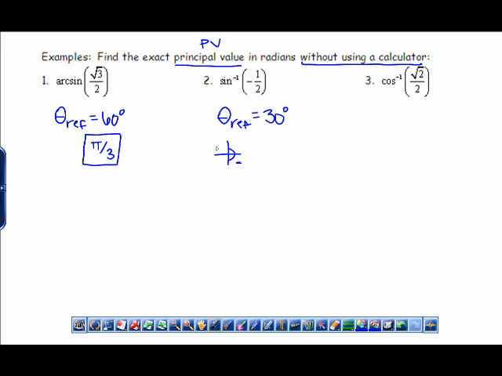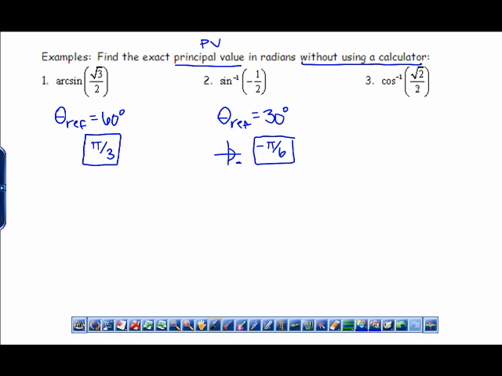Now the nice thing is we don't have to go all the way around. We get to just remember that in quadrant 4, it's basically the same angles as in quadrant 1, but negative, because you're going in the opposite direction. So 30 degrees is pi over 6, so my answer here is negative pi over 6. Okay, let's look at the next one. Arc cosine. At least I don't have a negative inside the parentheses, so I don't have to worry about restricted range.